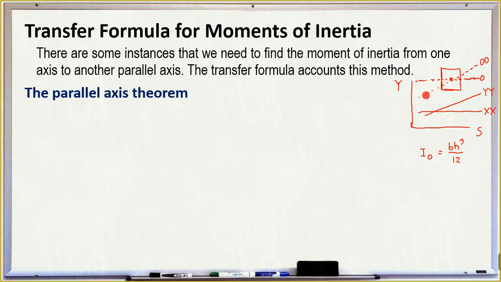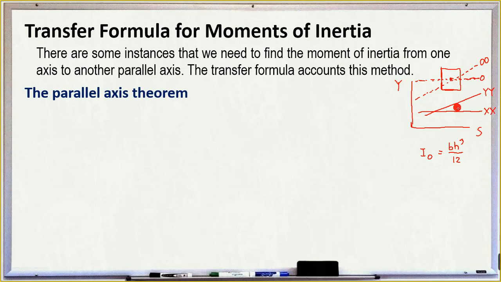Now OO is parallel to our axis YY. Again, it's not all the time that what is given is the moment of inertia along the centroid. You may be asked to find the moment of inertia at a different axis, and that axis should be parallel to the given axis.